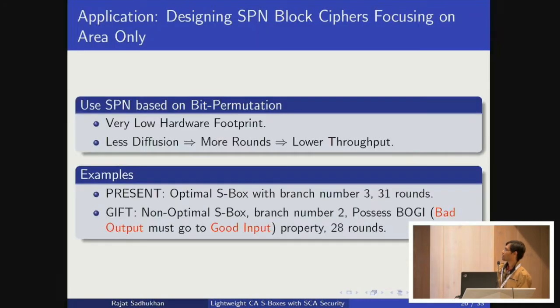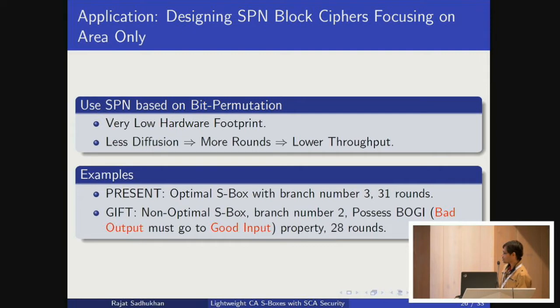So now we have designed two applications based on this S-box. The first one is completely focusing on the area. Now what we observe is if the diffusion layer is less, then we need more rounds, and that will degrade our throughput. So for PRESENT we have a branch number 3, and for GIFT we have branch number 2.